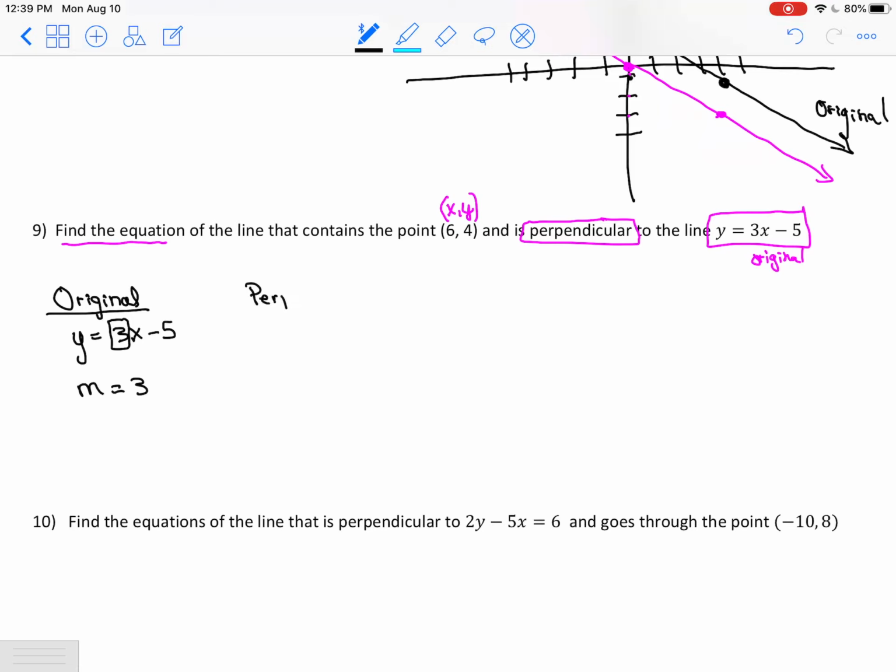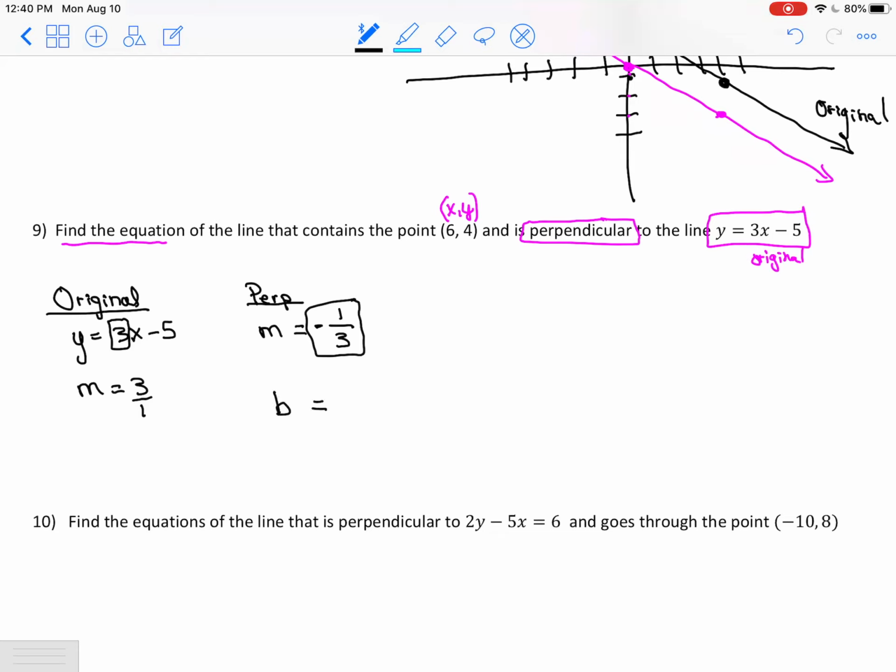Therefore, our perpendicular slope needs to be the opposite reciprocal. So we're going to pretend this is over 1. Our m is going to be the flip of that, the reciprocal, and we need to stick a negative sign in front because the original was positive.